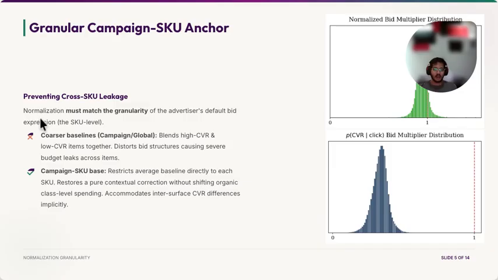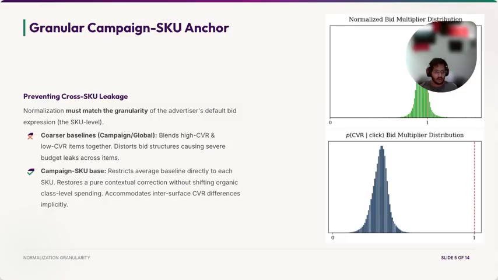In practice, our denominator comes from an n-day aggregate of the post-click conversion predictions at the supplier campaign and product granularity, instead of relying on a global baseline, which can distort bids and miss the preservation of the supplier's default bid on average.